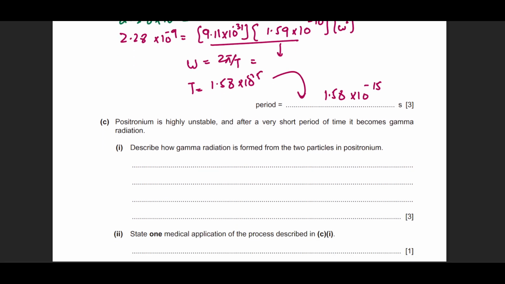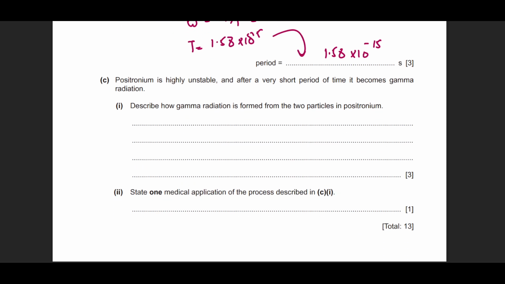Positronium is highly unstable. After a very short period of time, it becomes gamma radiation, of course, by the process of annihilation. He asks what's going to happen to form these, how gamma is formed. The process is known as annihilation, and that is basically the collision of matter plus antimatter in quantum physics. When matter and antimatter collide, matter was the beta particle, beta negative, and antimatter was the positron, which was beta plus.